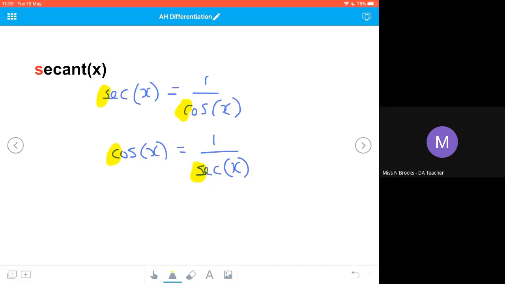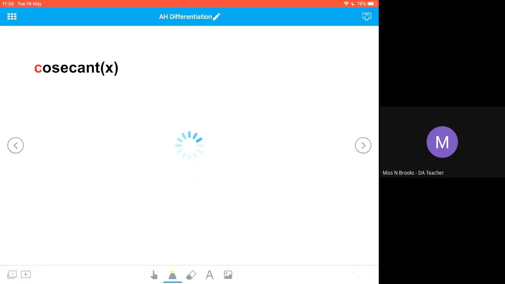Our final reciprocal function is the cosecant of x, and it's related to the sine of x, and it's abbreviated to CSC. And it is equal to 1 over the sine of x.